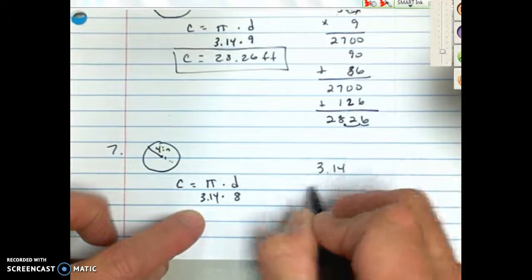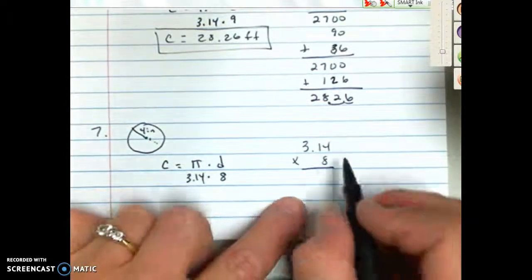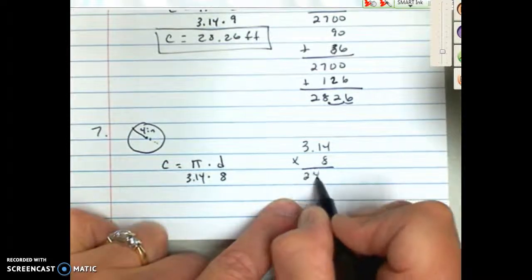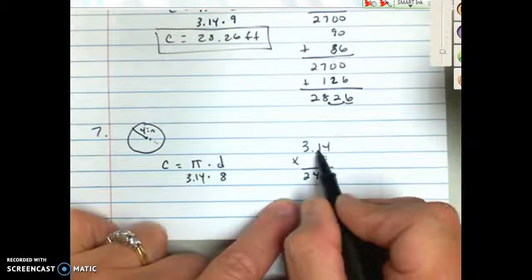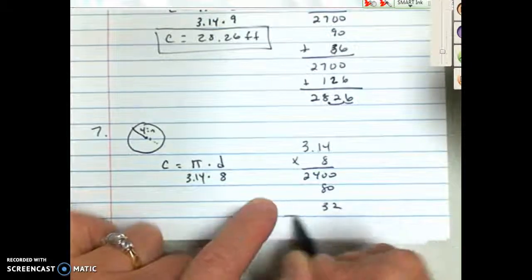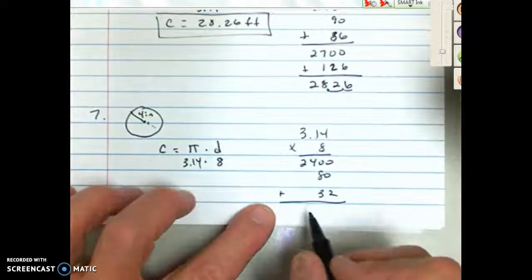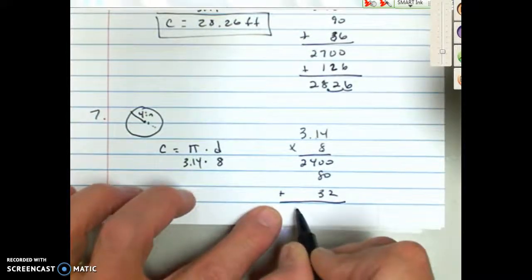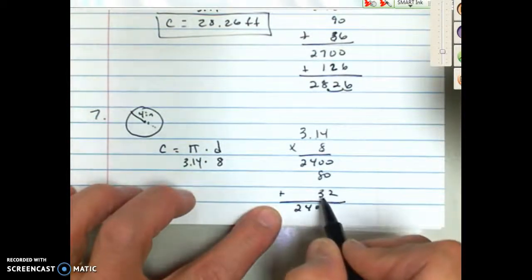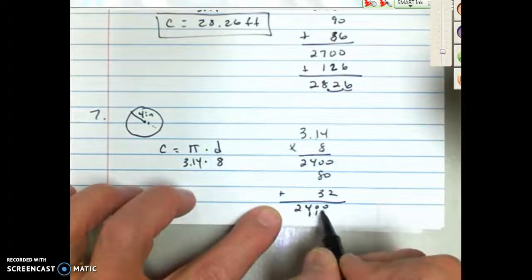So 3.14 times 8. Again, momentarily forget about the decimal. 300 times 8 is 2,400. 8 times 10 is 80. 8 times 4 is 32. Add up those parts. We have 2,400 plus 80 plus 32 is 112.